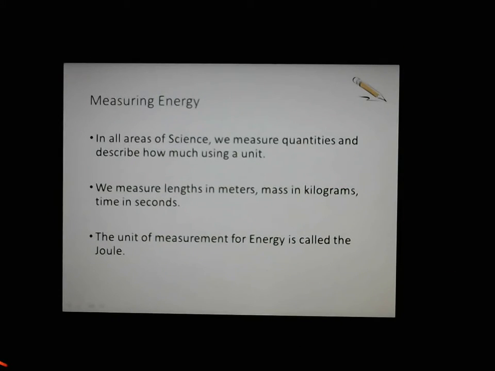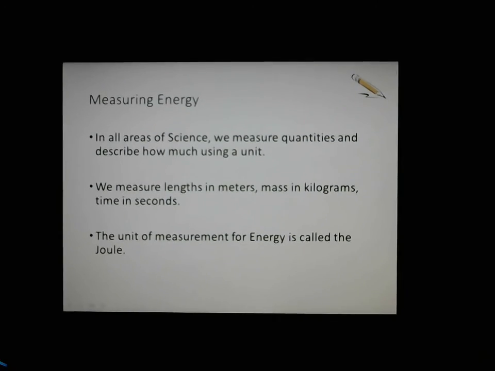Now, science has lots of measurements. One of the really important mental approaches is that we need to measure as many things as possible. So we have a unit for measuring things. If you're asked how tall are you, you might go, oh, I am, say, 5'10". That's measuring it in feet and inches. If you're asked how long is a football field, you might go, oh, it's 100 meters.